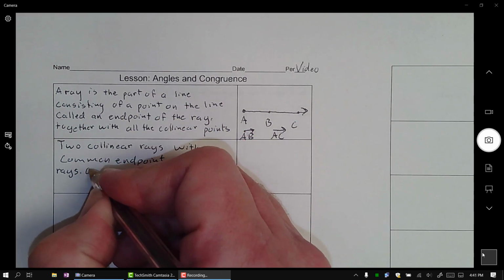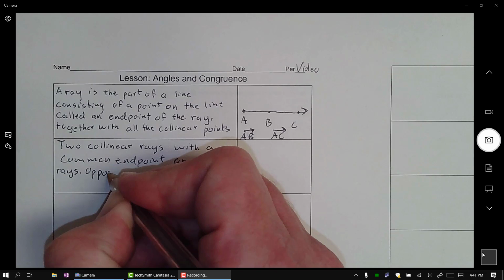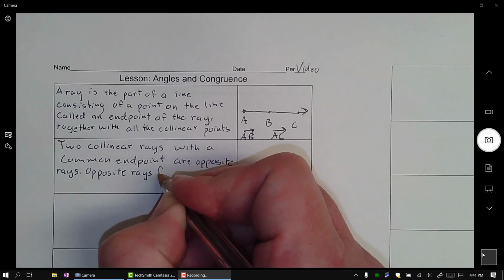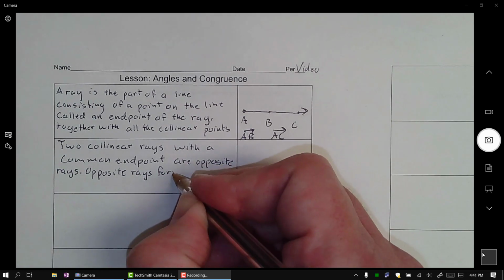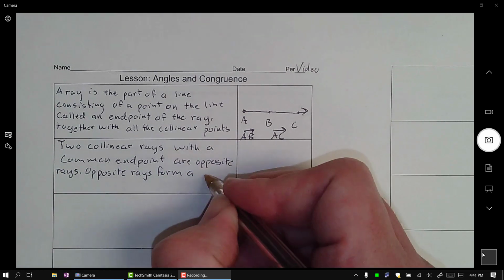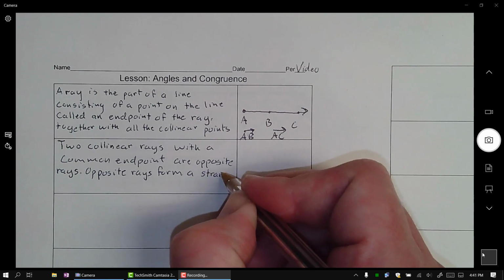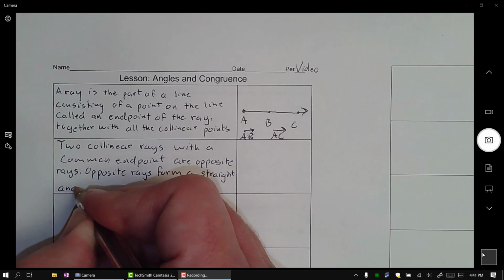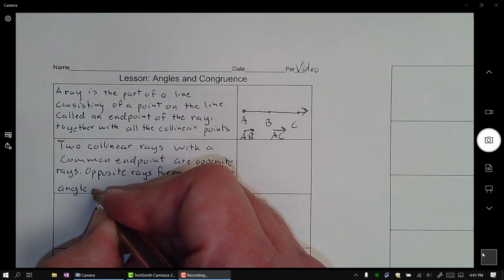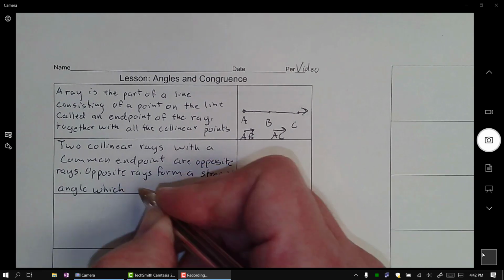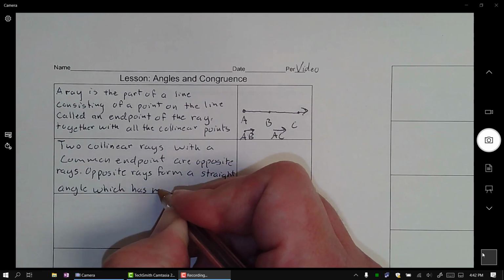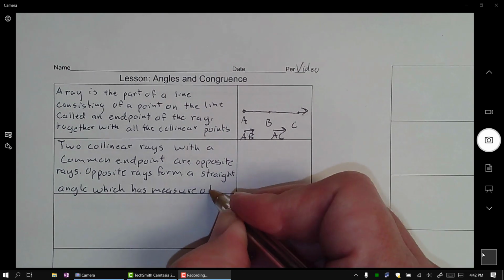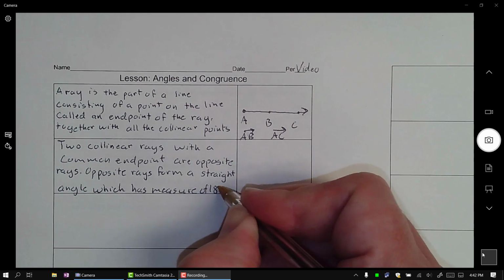Opposite rays form a straight angle which has measure of 180 degrees.